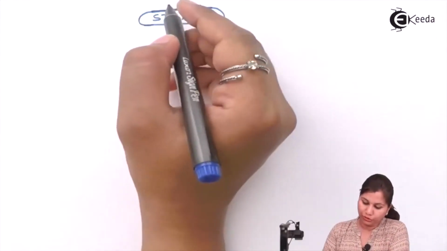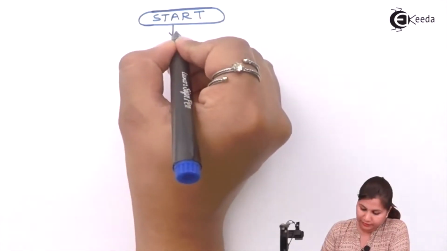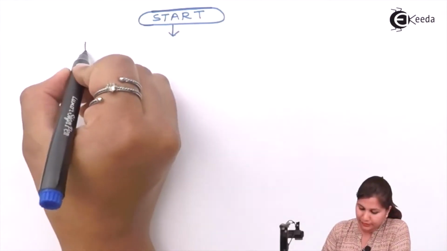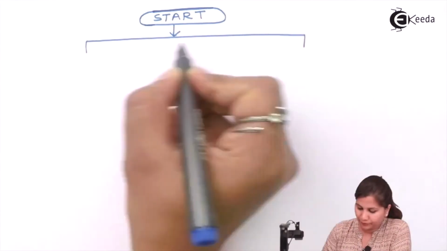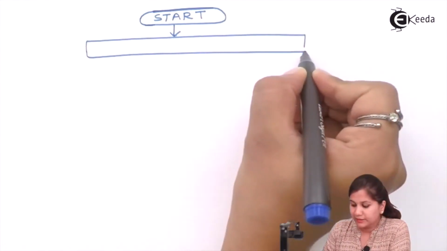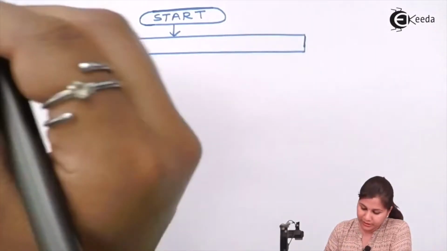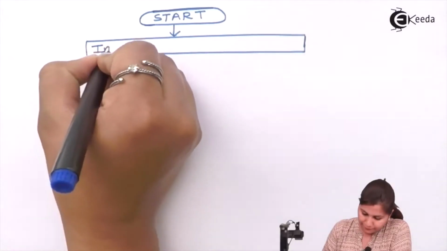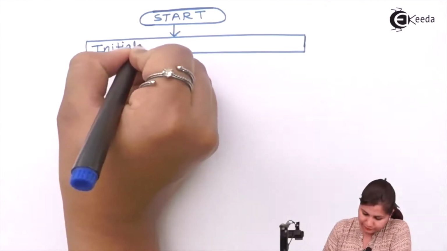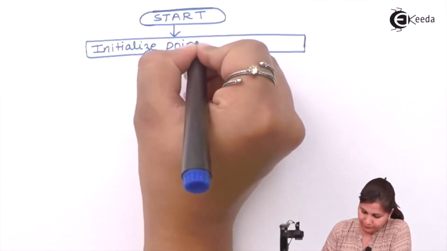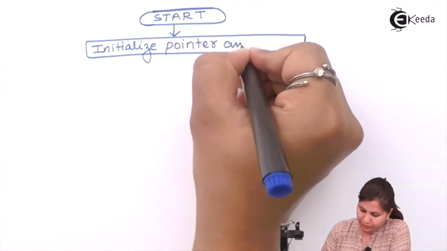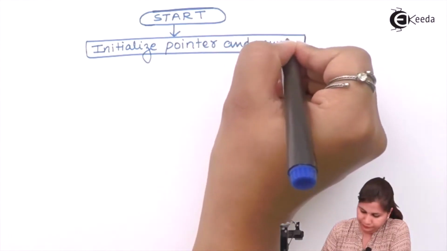Okay, so start, then our first step is, as I have said, that you have to first initialize a memory pointer and the counter. So the first step will be initialization. Initialize the pointer and counter.